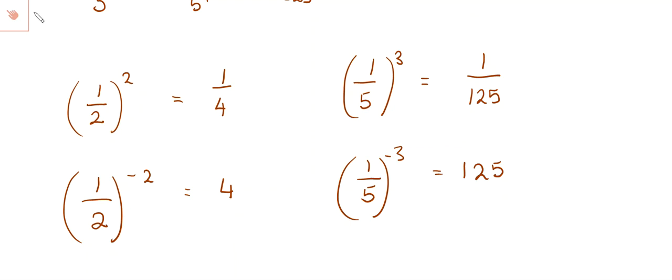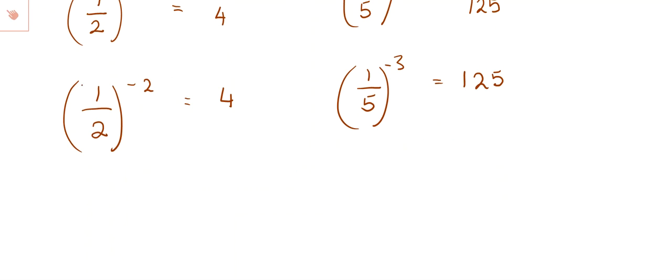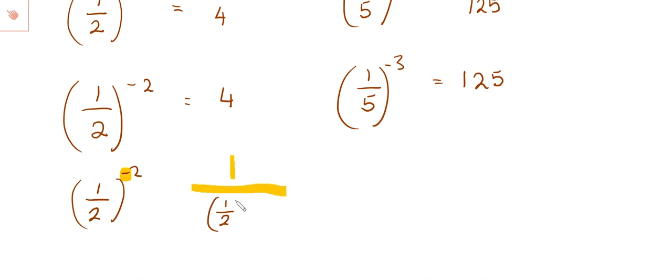So let's just have a look. Before I said the negative would make it, so if I did 1 half to the negative 2, I said to you that the negative would make it a 1 over, and then we would write a half to the power of 2.